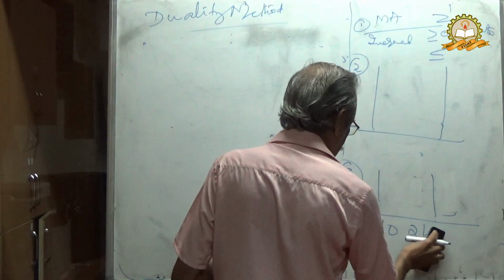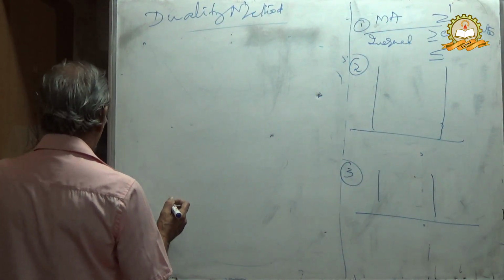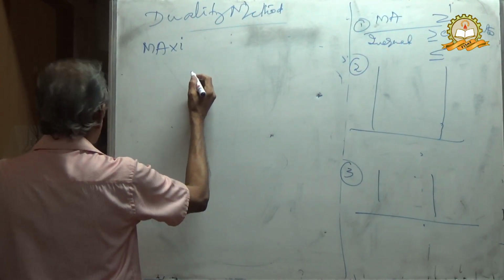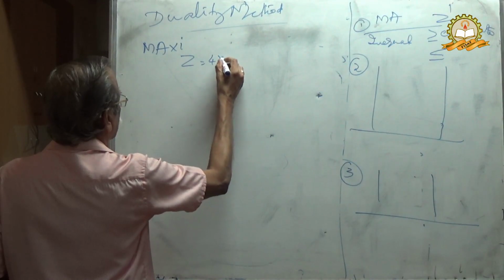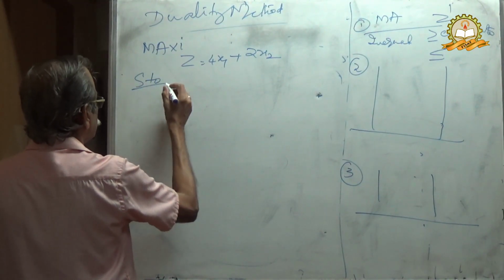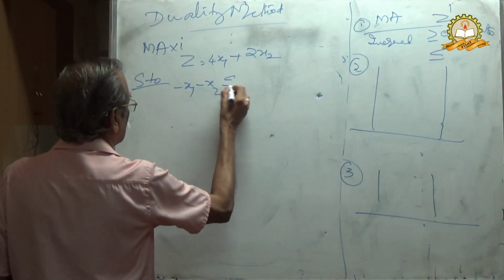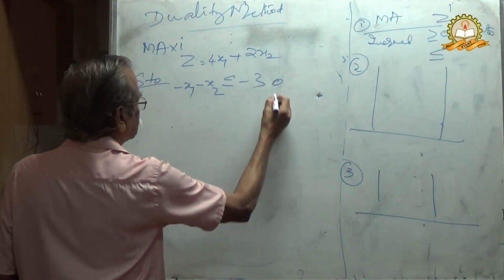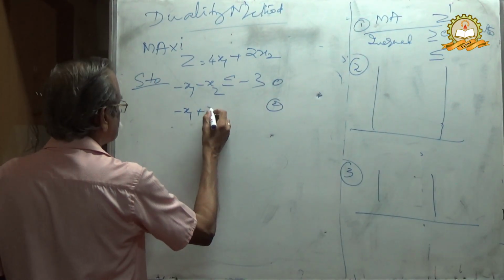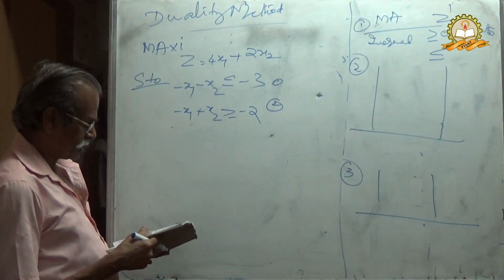The given question was: maximize z equal to 4x1 plus 2x2, subject to constraints minus x1 minus x2 less than or equal to minus 3, and minus x1 plus x2 greater than or equal to minus 2.